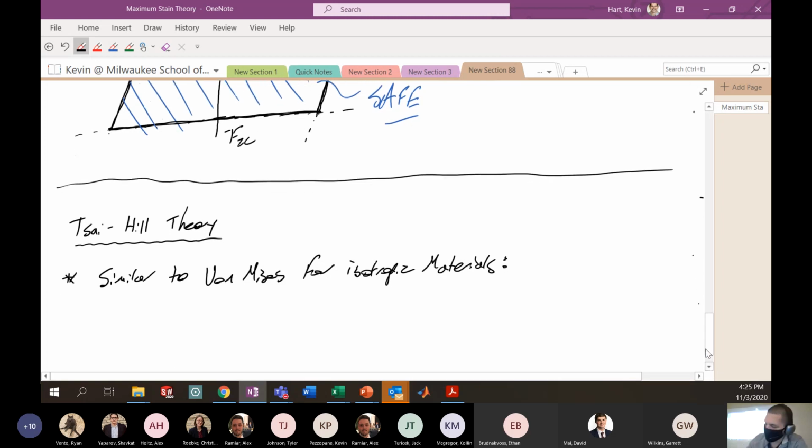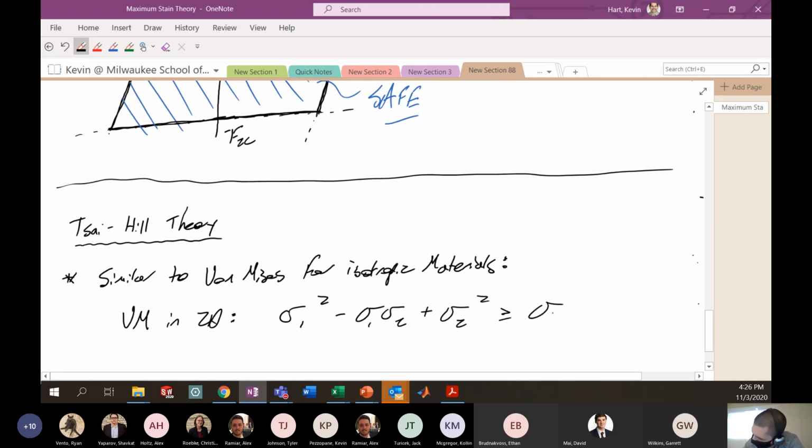So remember what your von Mises criterion is. This is von Mises in 2D. Remember, something like sigma 1 squared minus sigma 1 sigma 2 plus sigma 2 squared. If this is greater than or equal to that which would cause yield squared, you fail.